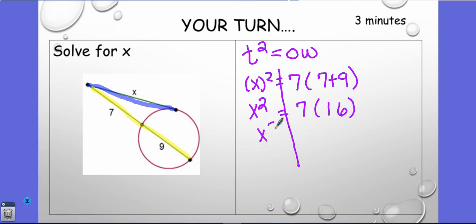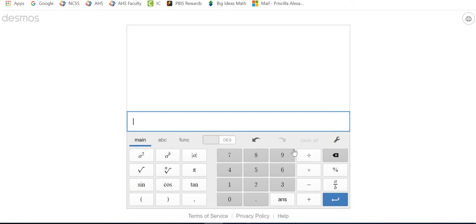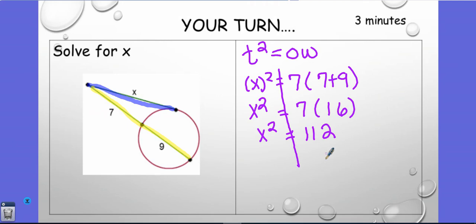And so we get x squared equals 70 plus 42. 70 plus 42 is going to be 112. And let me go double check that. 7 times 16. Yep, I'm right on point. 112.